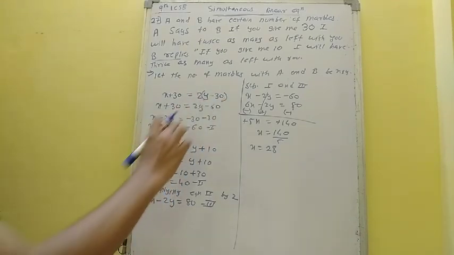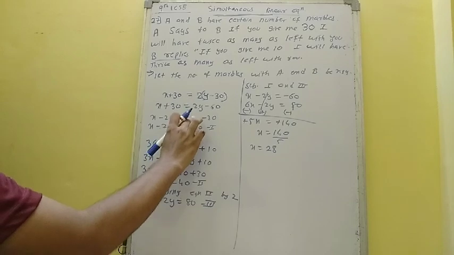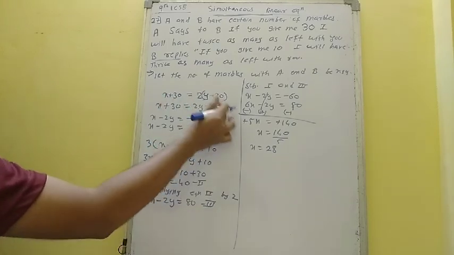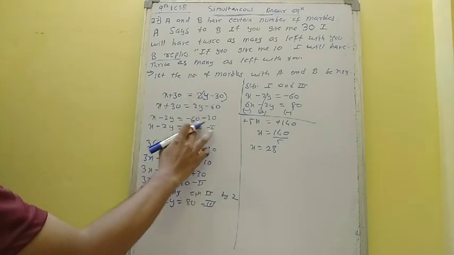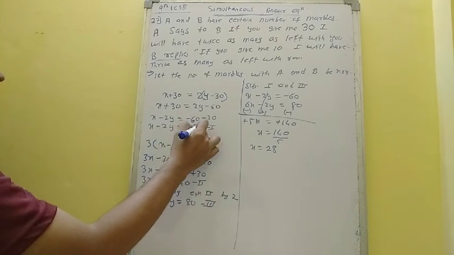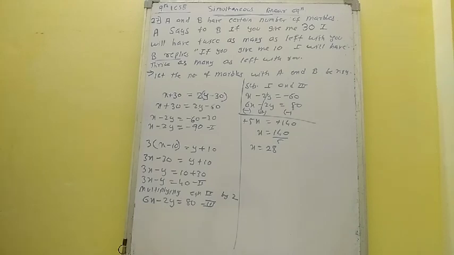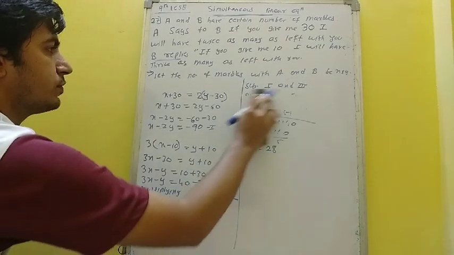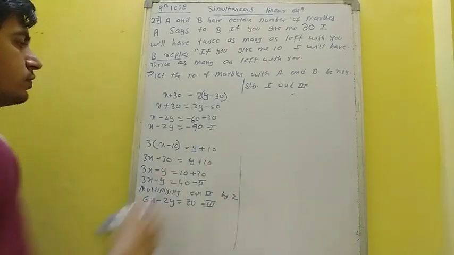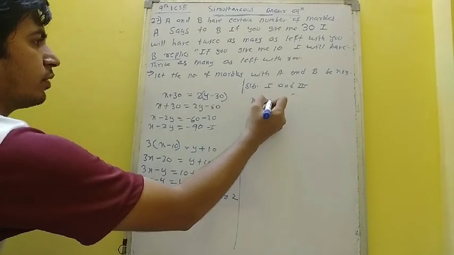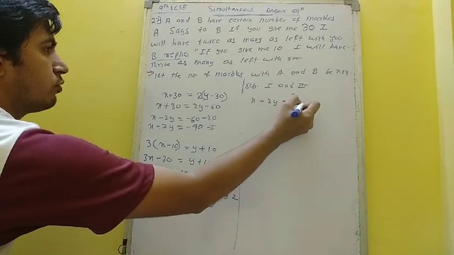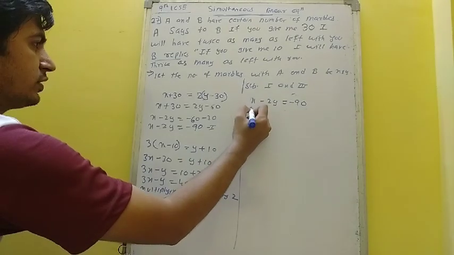Okay, so minus 60 plus 30 will go there, minus 30, so minus 60 minus 30 is minus 90. Okay, so this was minus 90, so this will also change. X minus 2y is equal to minus 90.